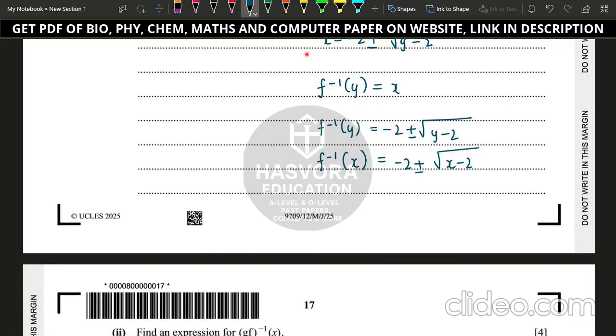If I add to minus 2, it will be more than minus 2. I need less than minus 2, I need a more negative value, so f inverse of x is minus 2 minus the root of x minus 2. So this is your final answer.